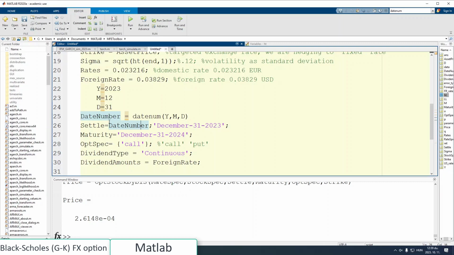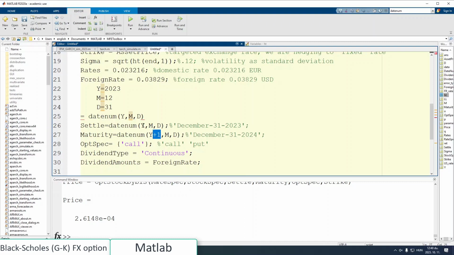Because now we can just say that, okay, instead of using this stupid date number here, datenum, let's copy it here. Let's set it to sleep mode. And if I want to have a 1 year option, then we can say +1.